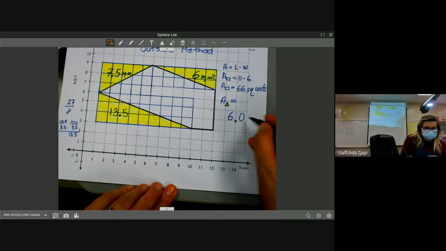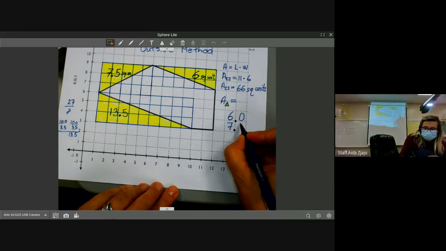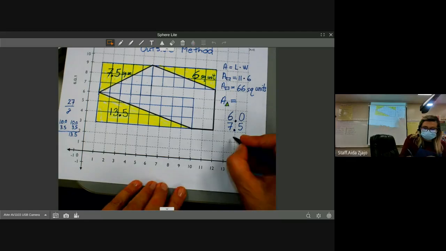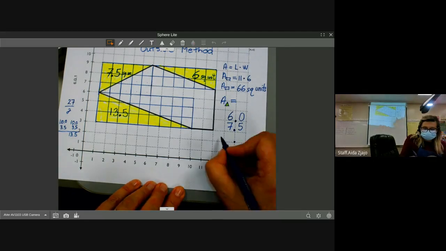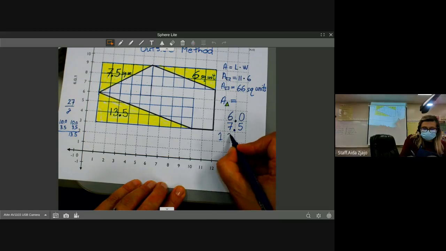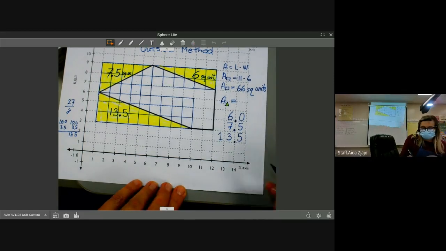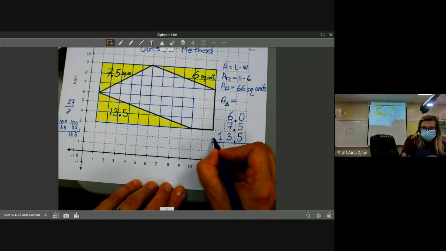And that helps me align the rest, 7 point 5, or 7 and 5/10. And if I put my decimal first, 13 goes on the left side, and 5/10 goes to the right of the decimal point. And then I can add them up.